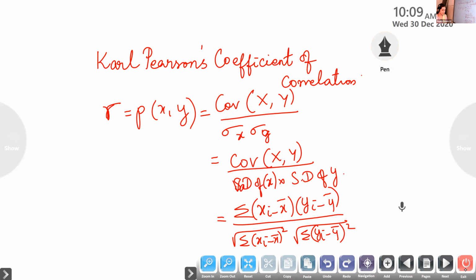So r is given by sigma xi minus x bar into yi minus y bar by root of sigma xi minus x bar the whole square into sigma yi minus y bar the whole square.